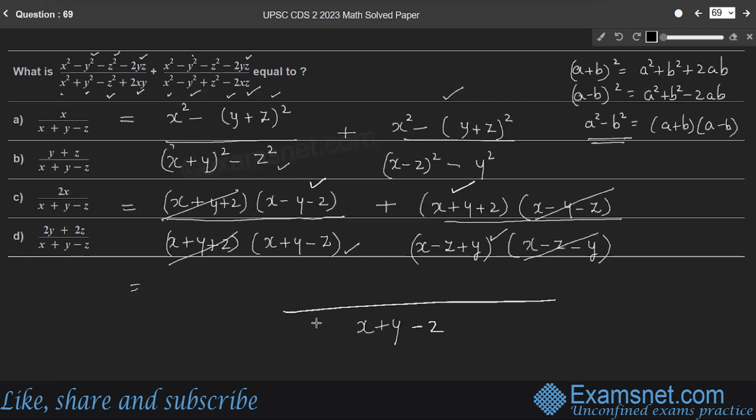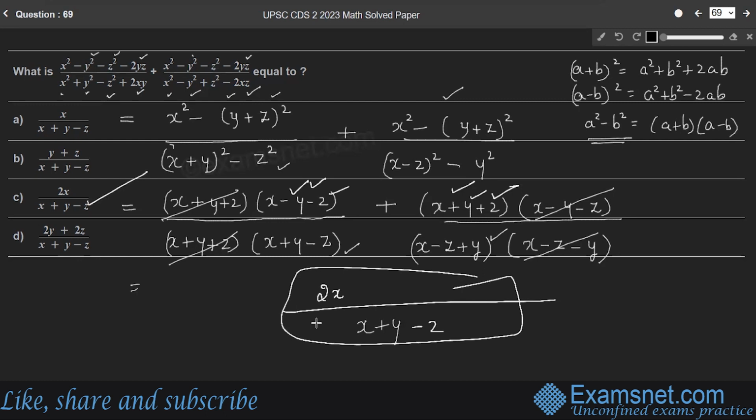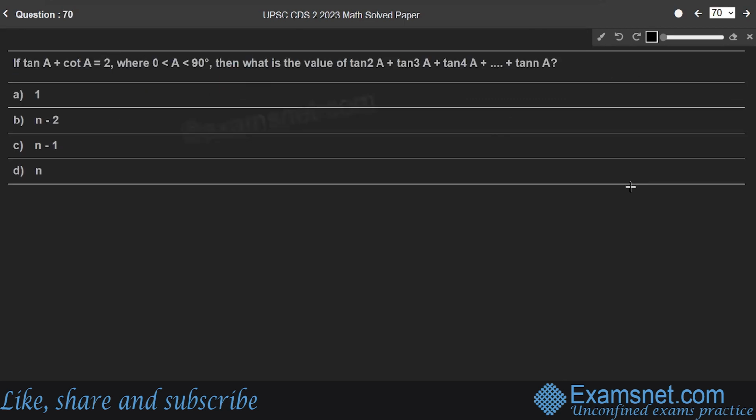So x plus x is 2x, minus y plus y will get cancelled, and minus z and z will get cancelled. Therefore, 2x by x plus y minus z is the answer. So 2x by x plus y minus z, option C is the right answer.